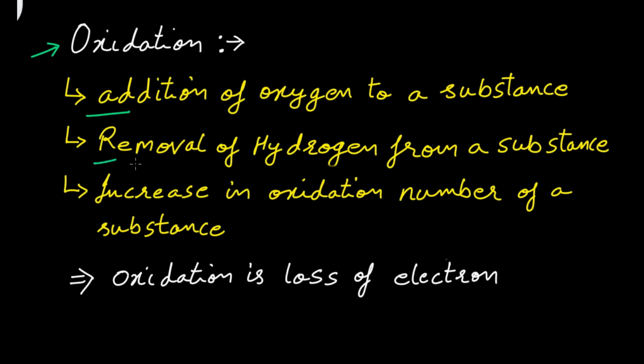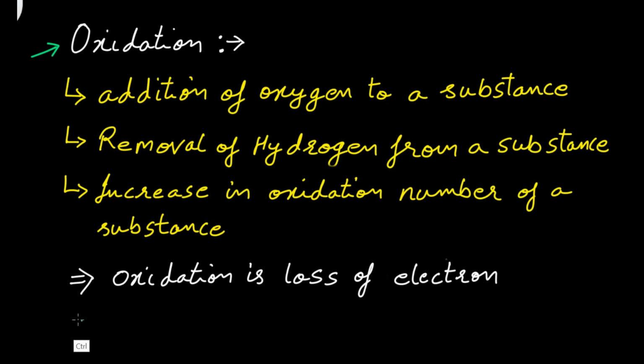Second is removal of hydrogen from a substance. If hydrogen is being removed from a substance, from a species, then it is also known as oxidation. Third one is increase in oxidation number of a substance. Oxidation number or charge of any species, if it increases, then that means it is undergoing oxidation.